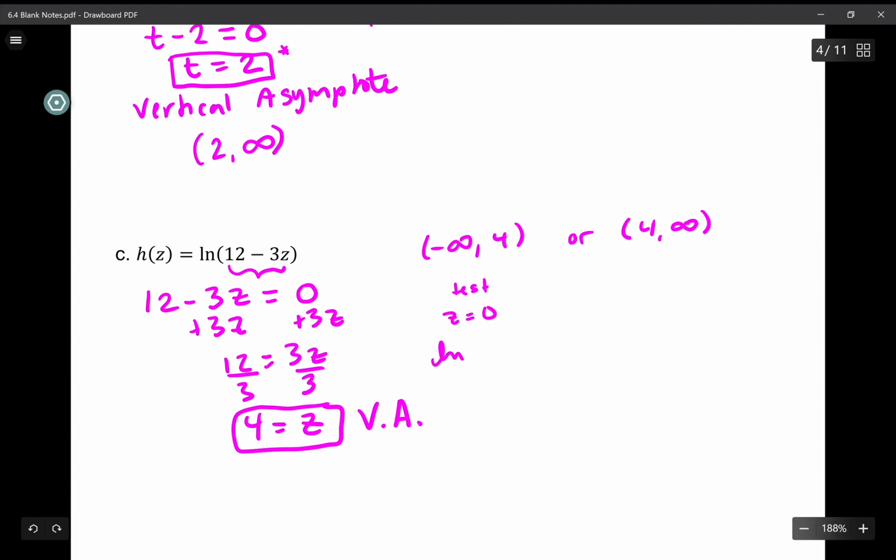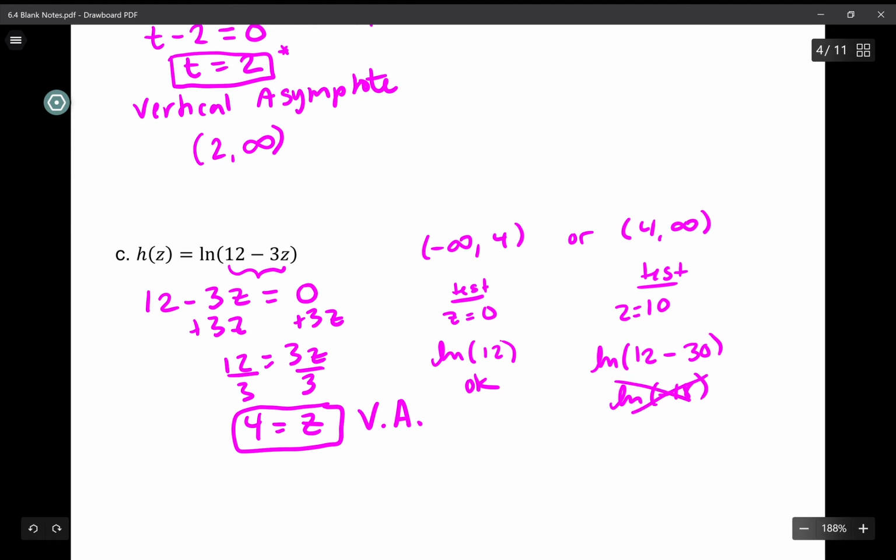Well, that would be the natural log of 12 minus 3 times 0, which is okay. That's an okay value. If we test a value in the other one, 4 to infinity, let's pick 10. With z equal to 10, we would get the natural log of 12 minus 3 times 10, which is 30. So that would be the natural log of negative 18. That's not okay.